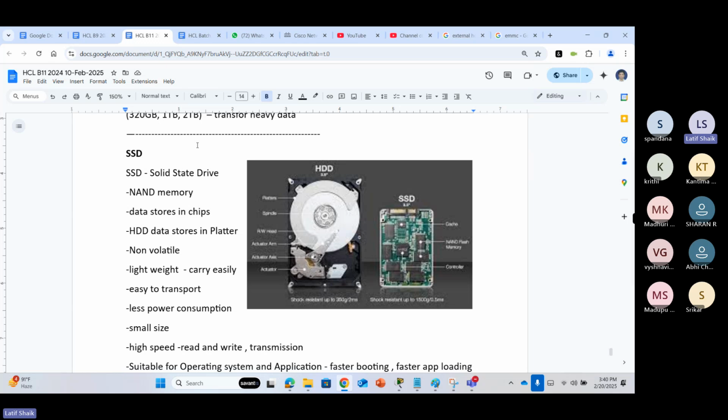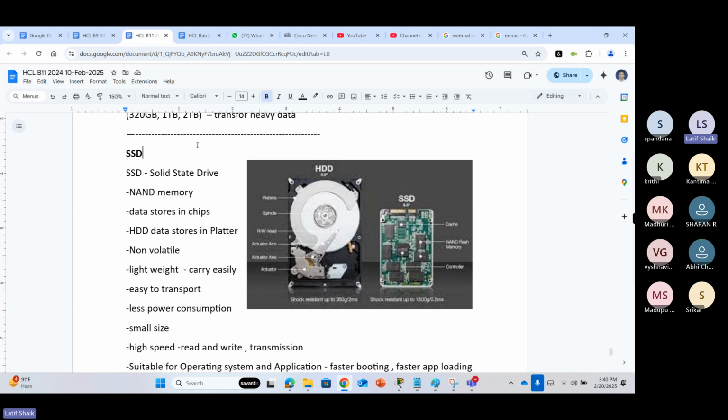It is a NAND memory kind of thing, meaning data is stored in the chips, not in the platter. Solid state drive, NAND memory type, data stored in the chip, whereas in a hard disk data is stored in the platter.